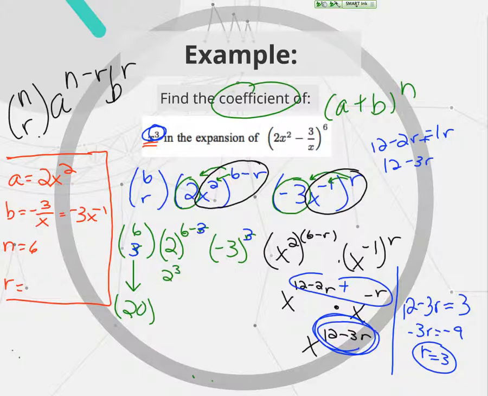So what's 2 to the 3rd power? 8. And then I can do negative 3 to the 3rd power. I want to pause to make sure everyone is good with those. Finding those 3 numbers.